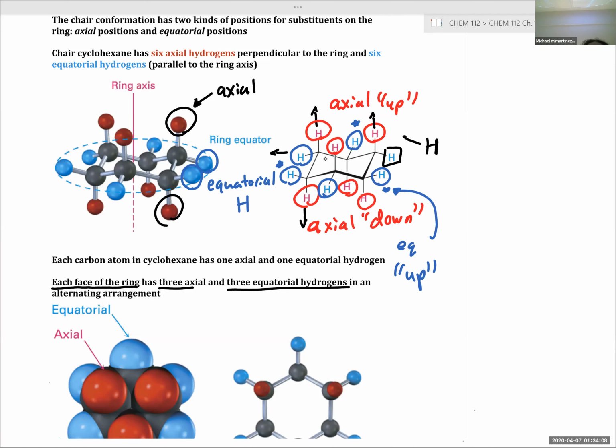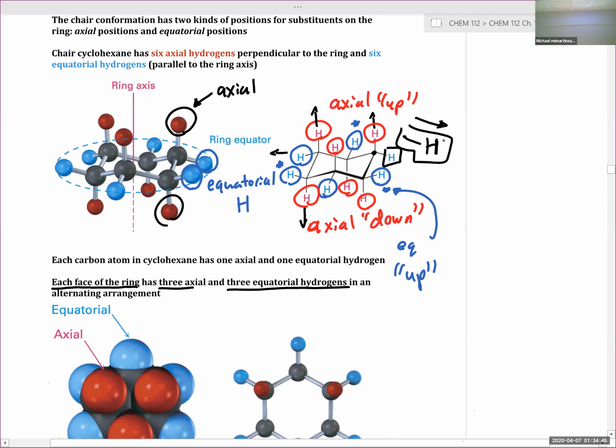Oh, thank you. So here's a quick trick, and we'll talk about this more in a later section: if one of the hydrogens is pointing up, the other hydrogen attached to that carbon is pointing down. You can also tell if we look at the bond between our carbon and our hydrogen, if we draw an arrow across our carbon-hydrogen bond axis, is the bond pointing up or down? I know it's pointing to the right, but is it pointing up or down? What's the angle?